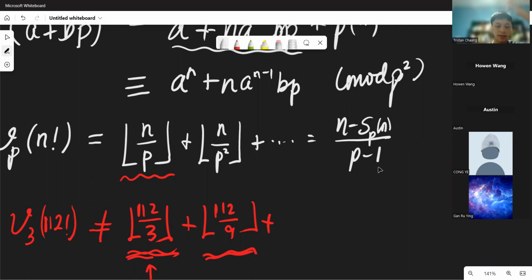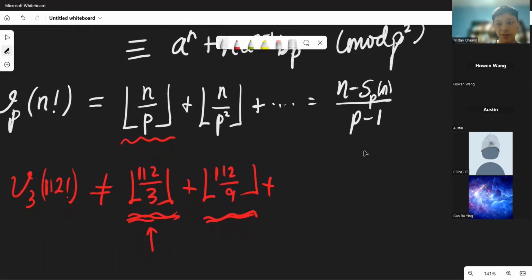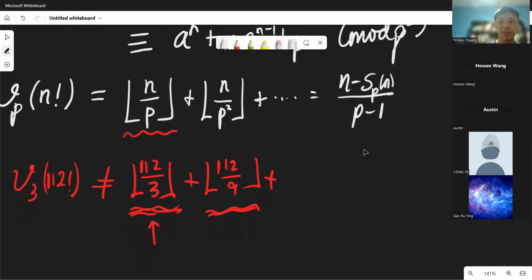Okay. So what's s_p(n)? s_p(n) is the sum of digits of n when written in base p. So assuming you know what base p is, like what we write here is base 10, right? But if you write it in base 5, it's a completely different expression. You take the sum of those digits, that's s_p(n).